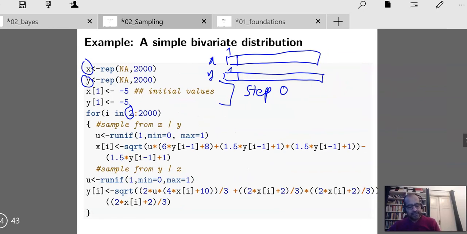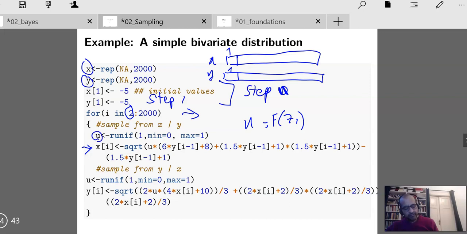So what's happening is that in step 1, so I should not have said step 0, we have initialized the values, and from step 2 to 2000 we're going to carry out the steps that I told you earlier. We're going to use inverse sampling to get a sample for the parameter x, by basically solving for z after having taken the random value u from a uniform distribution, right?